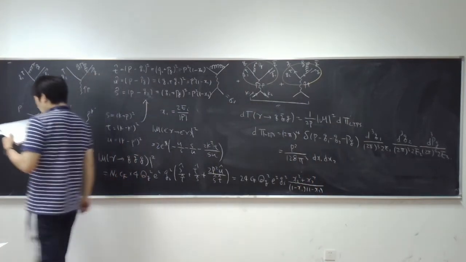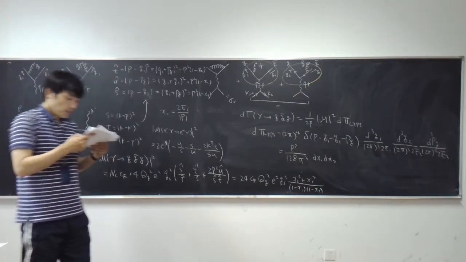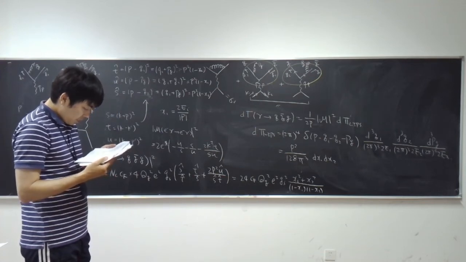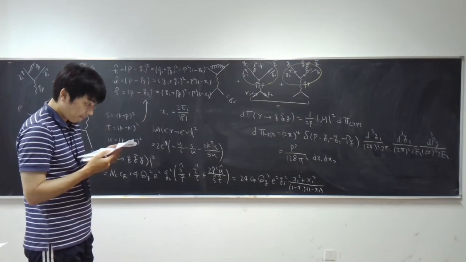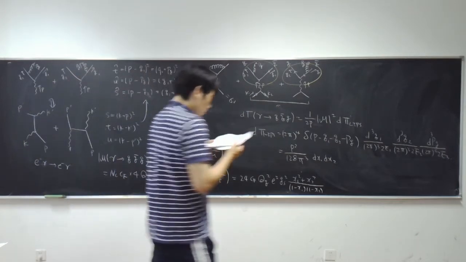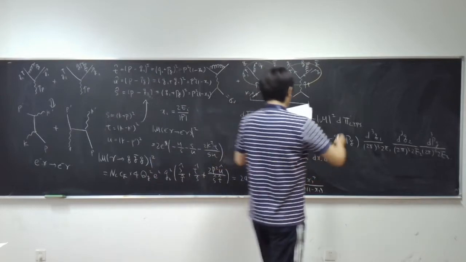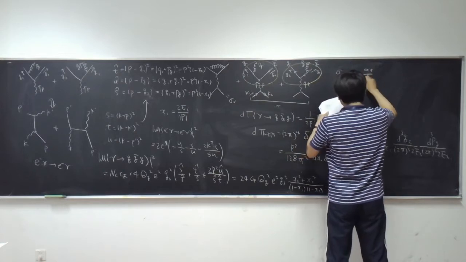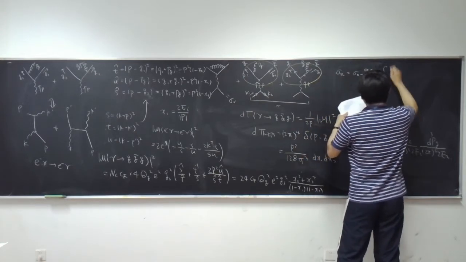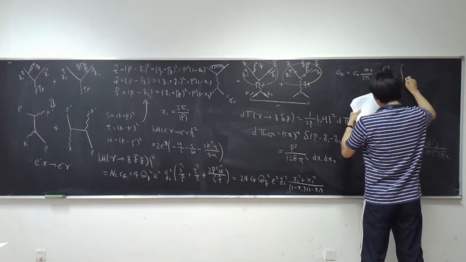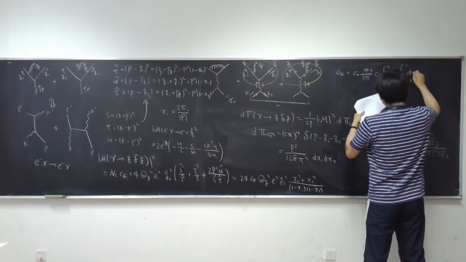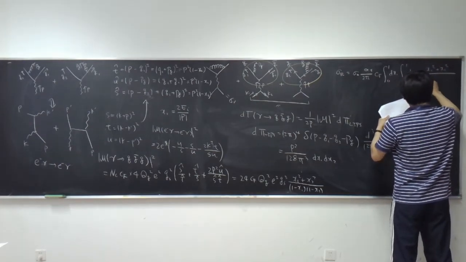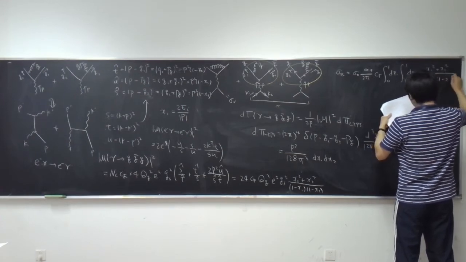Okay, so now for the total cross section, one can write down for this sigma r: sigma 0 alpha s over 2 pi cf, integral from 0 to 1 of dx1, integral of dx2, of x1 squared plus x2 squared divided by (1 minus x1)(1 minus x2).